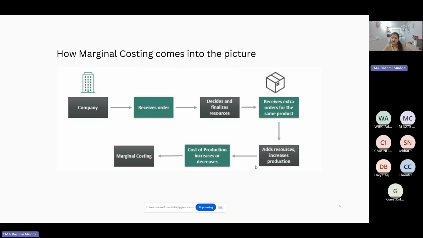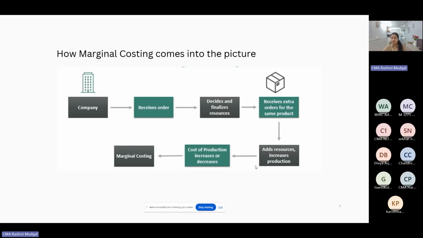I have already computed my profit for the previous order. Now I am receiving another order and I am adding only the variable cost, as I have already allocated my fixed cost to the previous production. The increase or decrease in cost of production because of the order I received is my marginal costing.